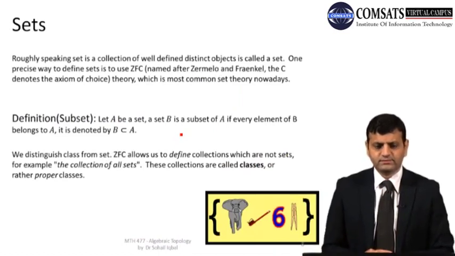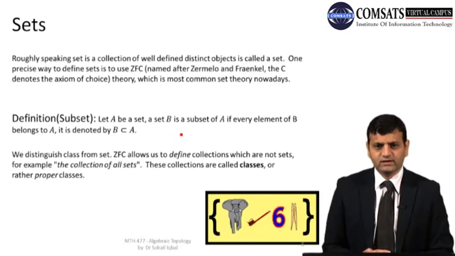What is a set? When the word set comes to our mind, it means a collection. So we need to define a collection. When mathematicians need to use some idea or notion, of course we need to define it very precisely. Roughly speaking, a set is a collection of well-defined distinct objects.